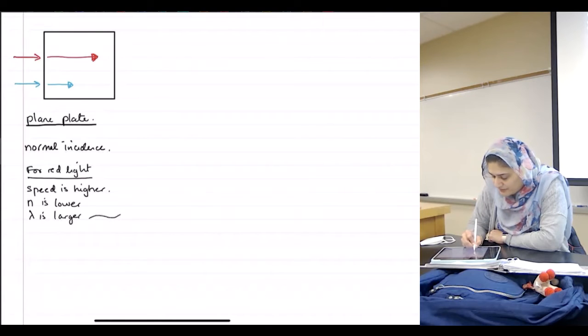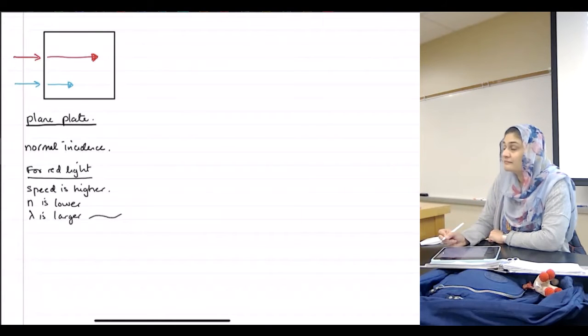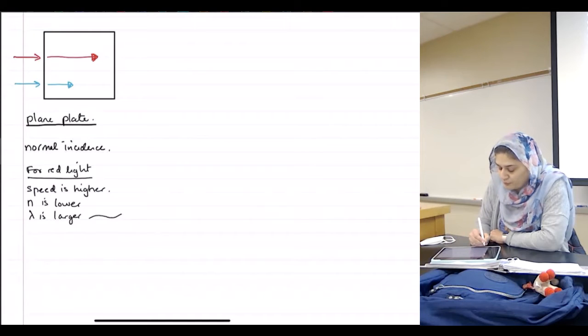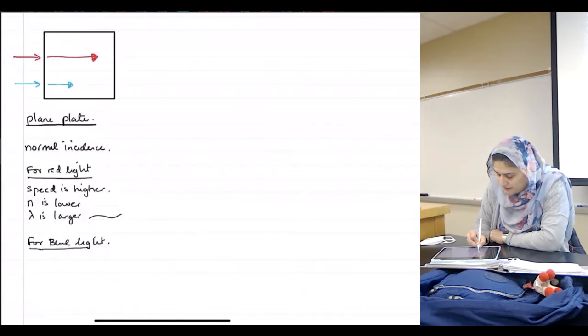So lambda is really large. For blue light, speed is lower, refractive index is higher, and lambda is smaller.